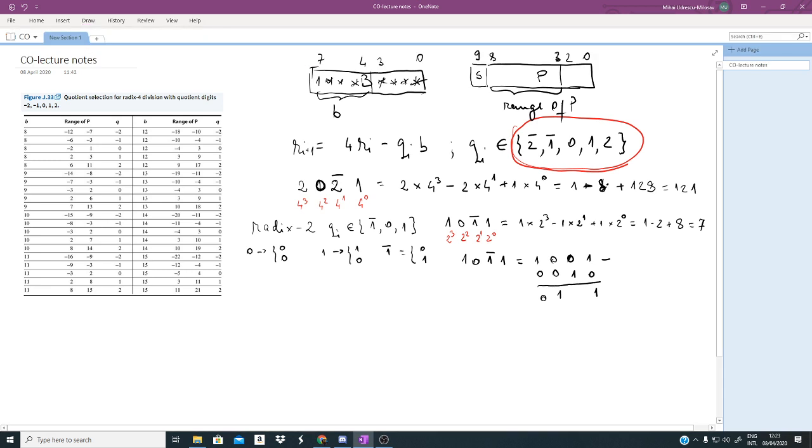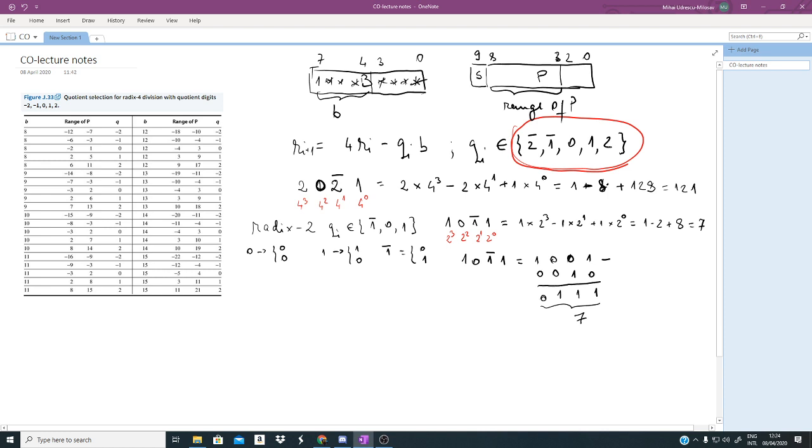You are borrowing 2 here, so it's 1, obviously. So it's 7. Yeah, but okay. I was thinking ahead, and of course I lost track of how to subtract.